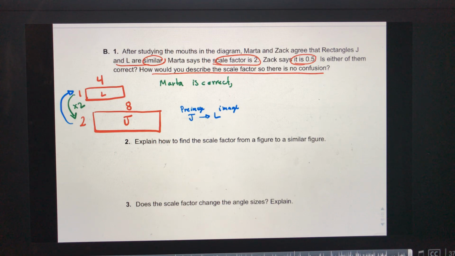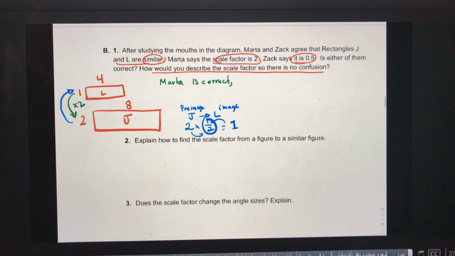We go from 2 to 1. To find our scale factor, 1 over 2. This is now our scale factor if I go from the big one to the small one.